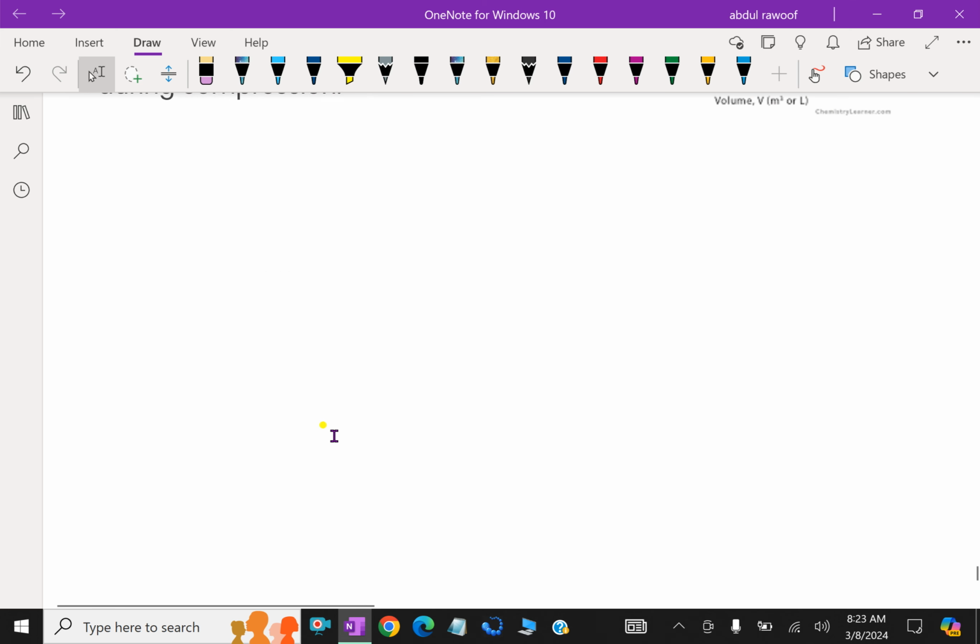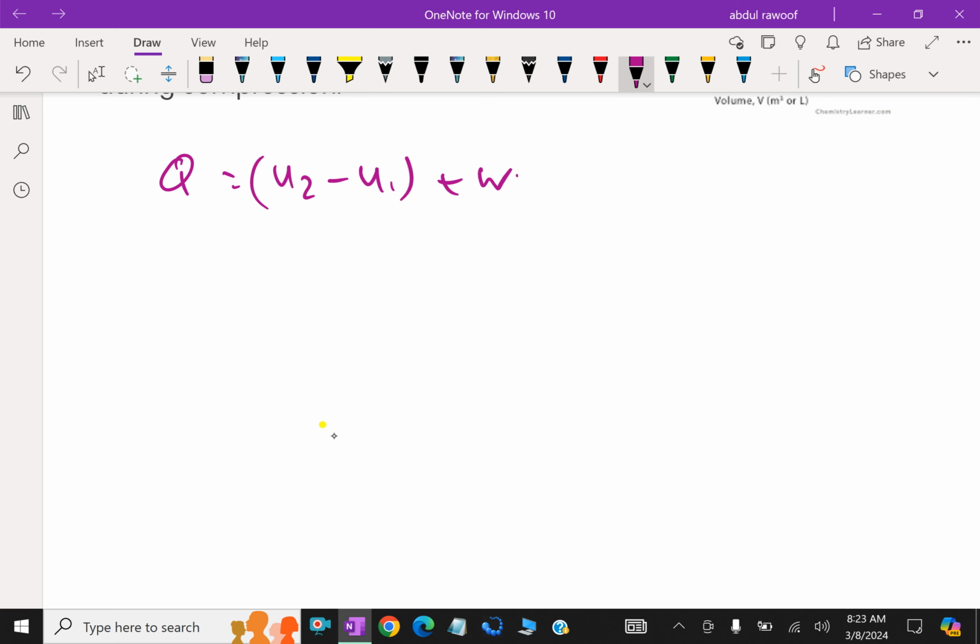Further, we will discuss Q for unit mass. Q, heat added, equals change in internal energy plus W. Here Q is zero because no heat is added to or goes out of the surroundings.